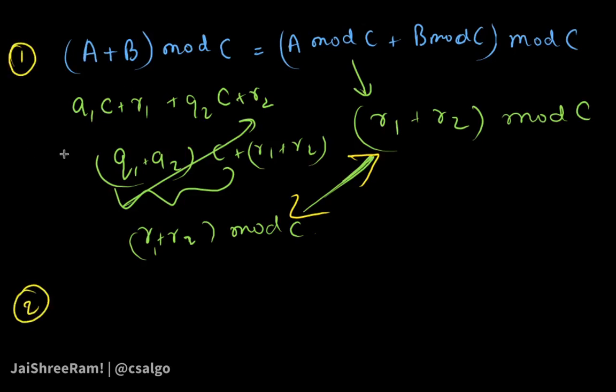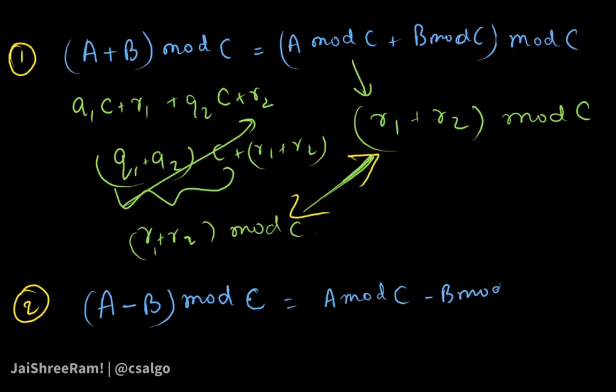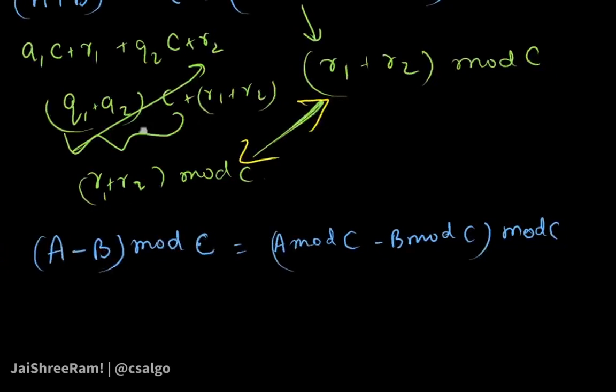Okay. The next property is for subtraction: if you need to find a minus b mod c, this will be equal to (a mod c minus b mod c) whole mod c. There is no change in plus and minus, right? This property holds for similar reasons.